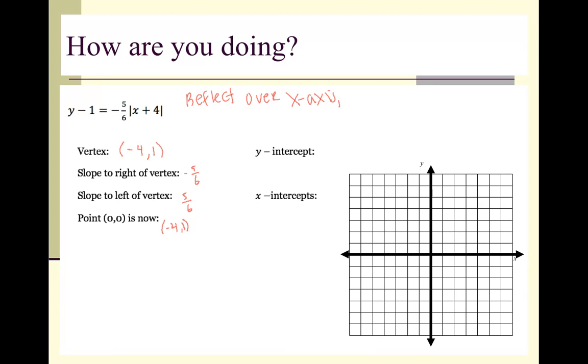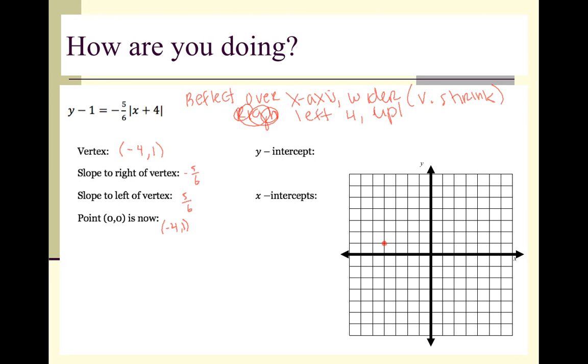This is going to be wider, right? Which is known as a vertical shrink, right? It's going to get wider because that's less than 1, 5/6. And then it's going to go left 4 and up 1. So left 4 and up 1.